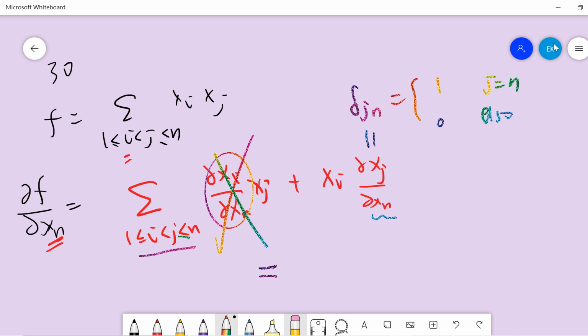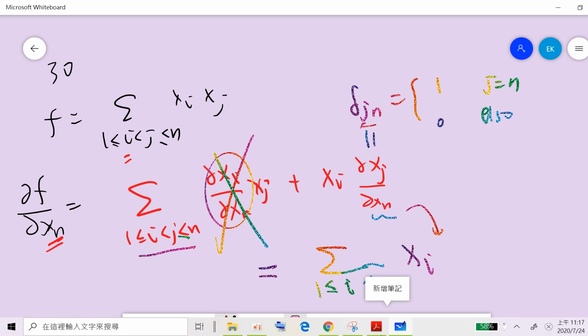But when you sum over j, there's only one term that won't vanish, which is j equals n. So what remains is the sum over i, because the j terms vanish except when j equals n. So we have the sum over i greater or equal to 0, up to n, of x_i. So this is the answer.